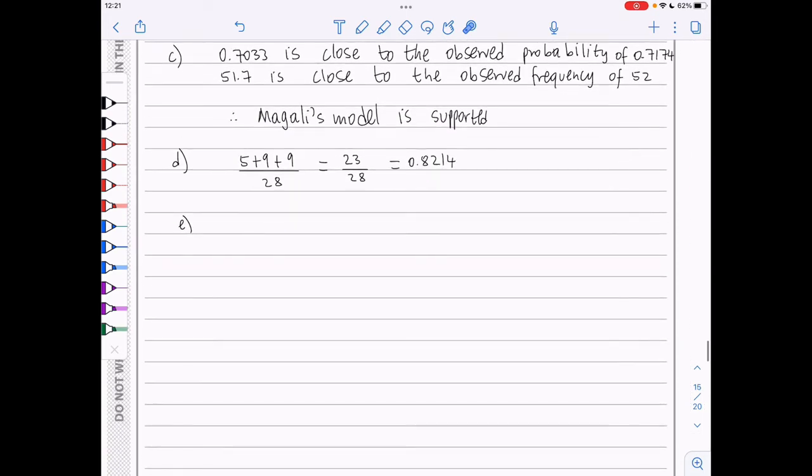So I will start by stating that Magali's model assumes that cloud cover on any given day is independent of all other days.